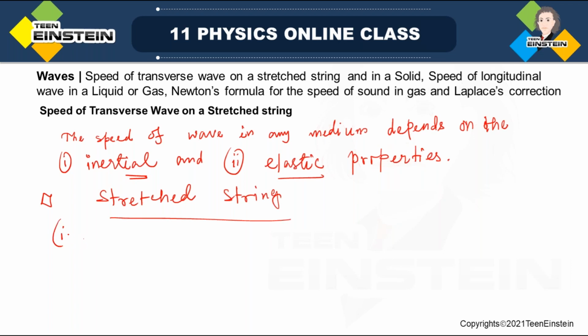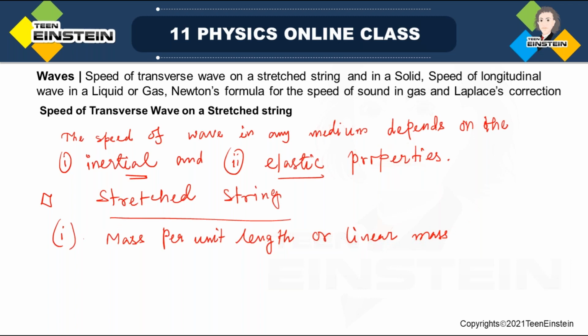So we have to first of all take care of mass per unit length, or linear mass density.